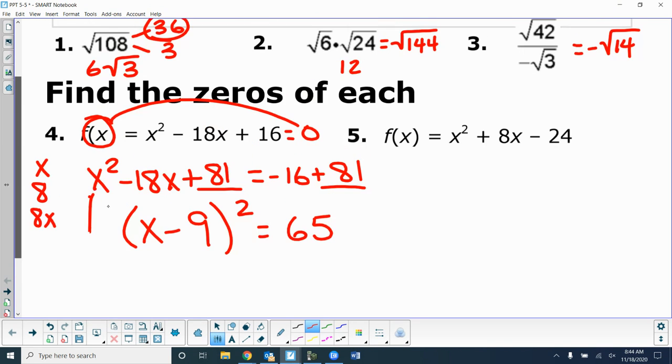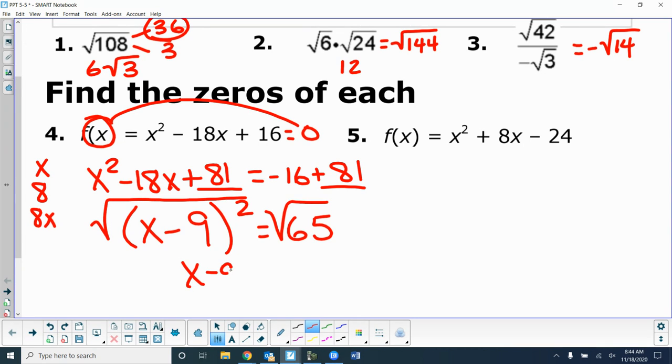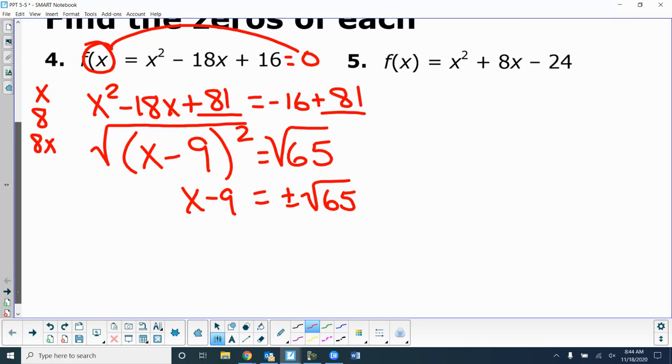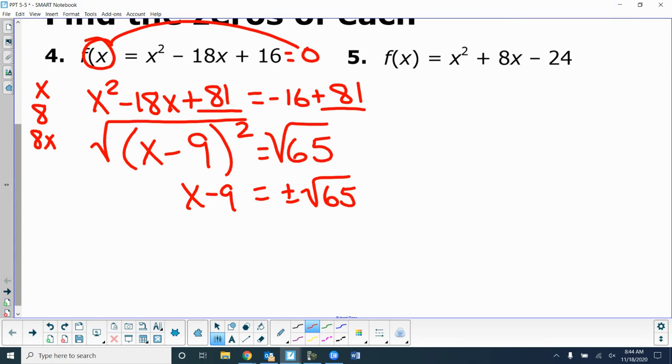Square root. Whoa. So I get x minus 9 equals plus or minus the square root of 65. 65 is, what, 5 times 13? Nothing I can pull out of there. So I just add the 9. So it's 9 plus or minus the square root of 65. There's my 2 zeros.